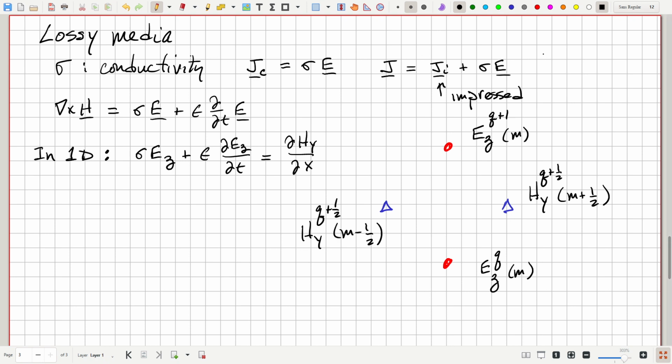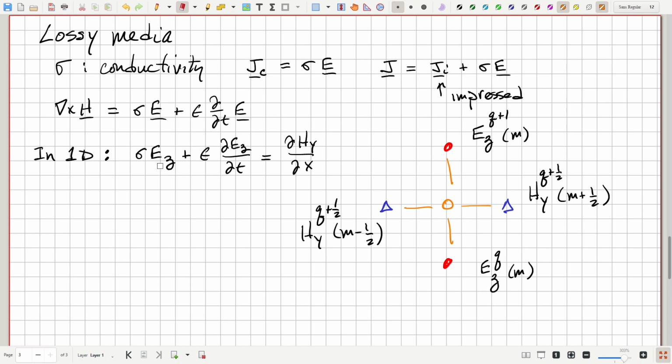With these 4 points, we have the two central differences, our space derivative and a time derivative. This is what we base our update equations on, making a central difference at this position and time. That allows us to solve for Ez at the next time step in terms of the known Hy and previous Ez value.